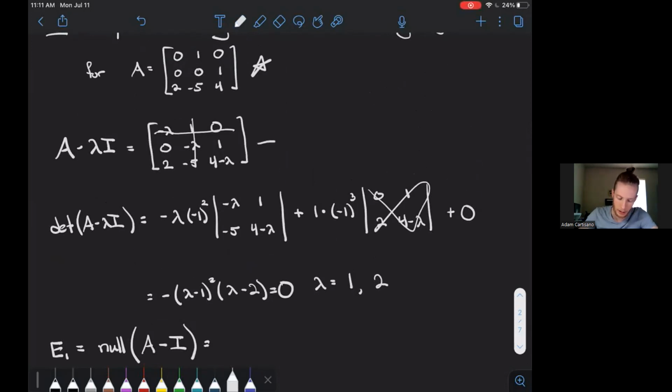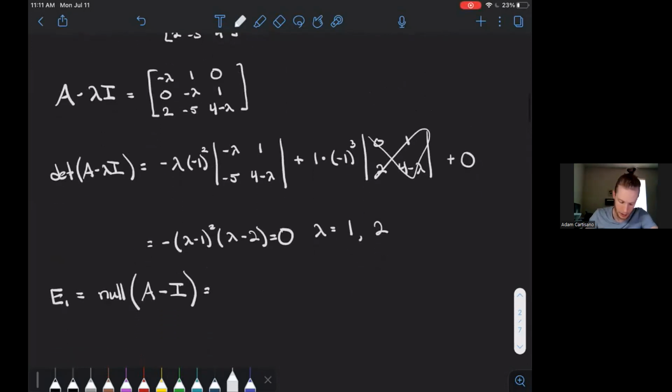You can also take the matrix that we took the determinant of and just plug in 1 for lambda. Either way is fine. Actually, that's the way I'm going to go with. So negative 1, 1, 0, 0, negative 1, 1, 2, negative 5, 3.